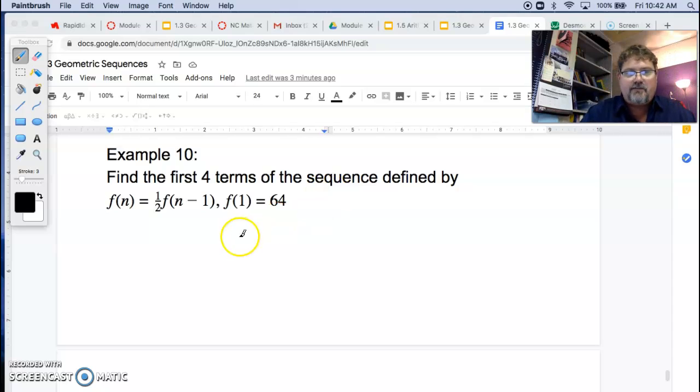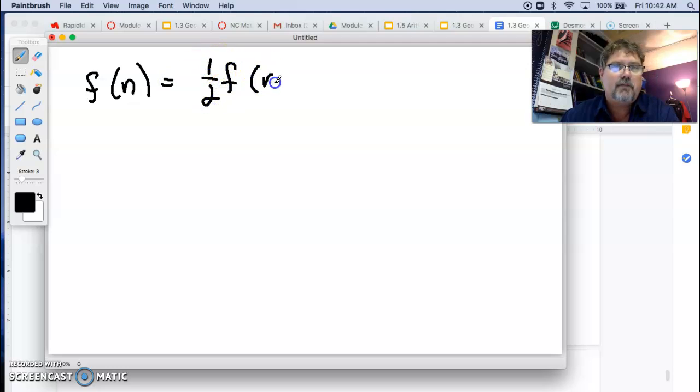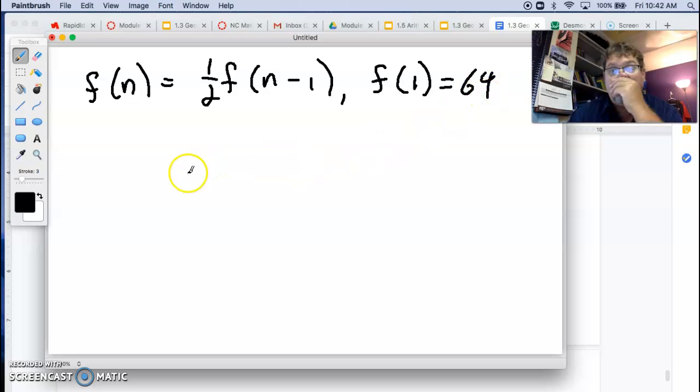So let's take this and find the first 4 terms, because that's a question that could be asked of us. If we have f of n is equal to 1/2 f of n minus 1, start with 64. And then I'm told to find the first 4 terms.